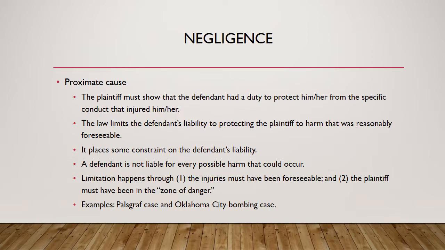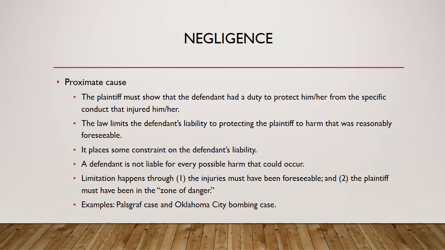Proximate cause. This is where the plaintiff has to show that the defendant actually had a duty to protect the plaintiff from the specific conduct that injured him or her. So this is where the law tries to place some sort of limit on how far out, how foreseeable the conduct has to be.